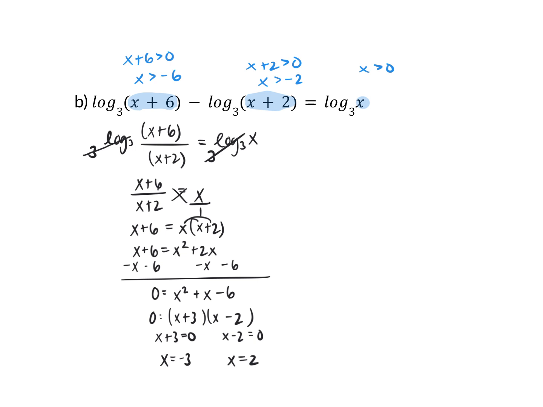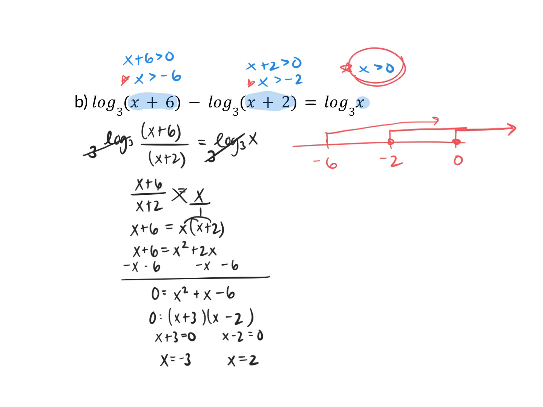So if we look at all 3 of these, they all have to work when I'm plugging in these values for x. If we think about a number line, I've got -6, -2, and 0. This one tells me everything to the right of -6. This one tells me at -2, everything to the right. And this last one tells me anything bigger than 0.